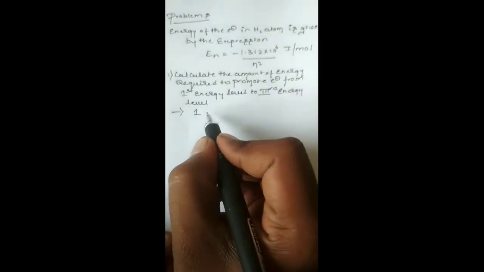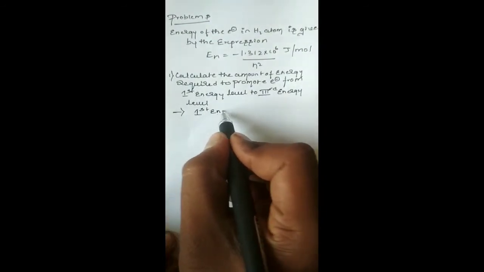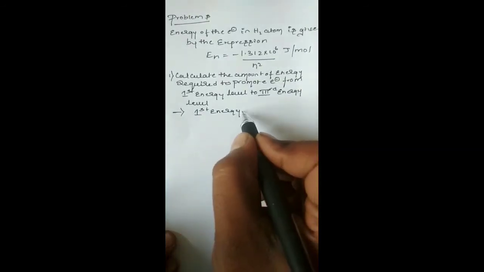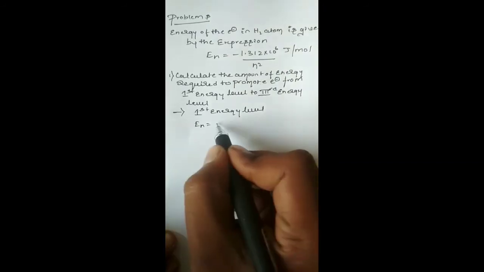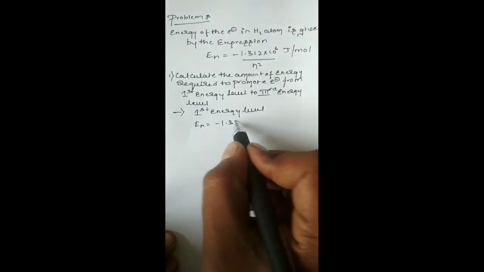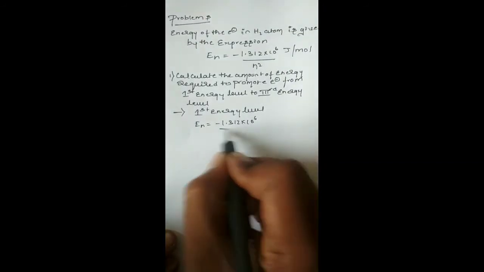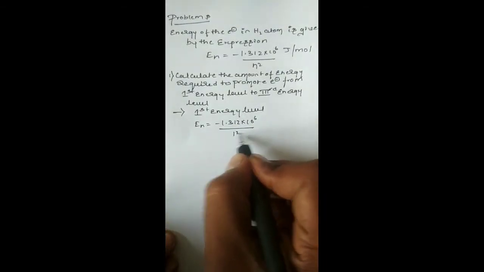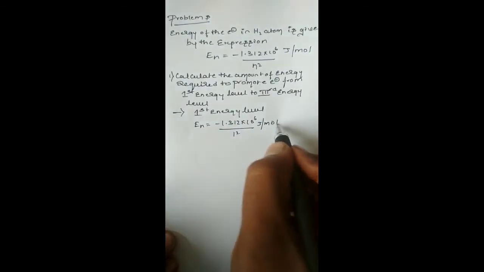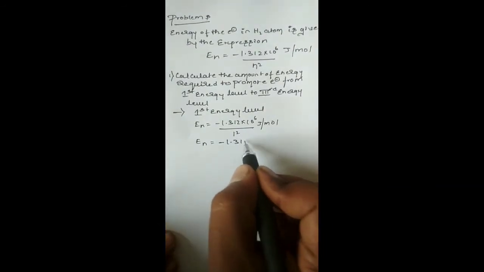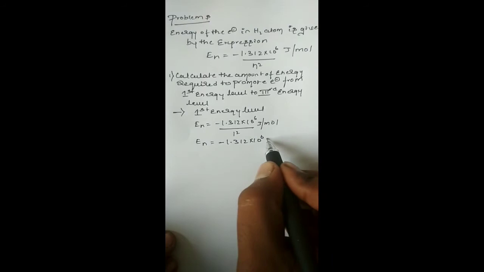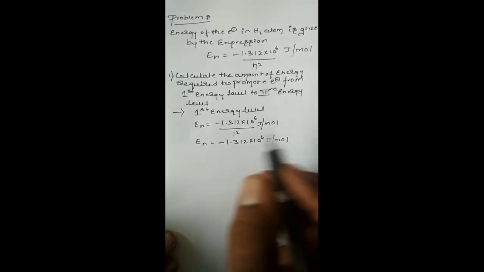First we will write the first energy level. We know the formula: En equals minus 1.312 into 10 to the power of 6, for the first energy we take 1 square, joules per mole.